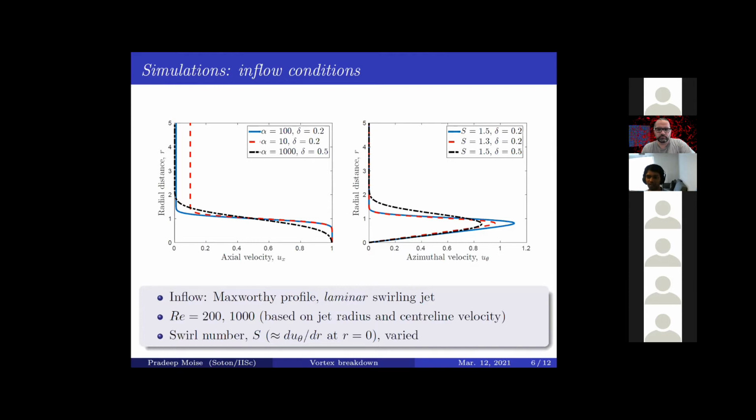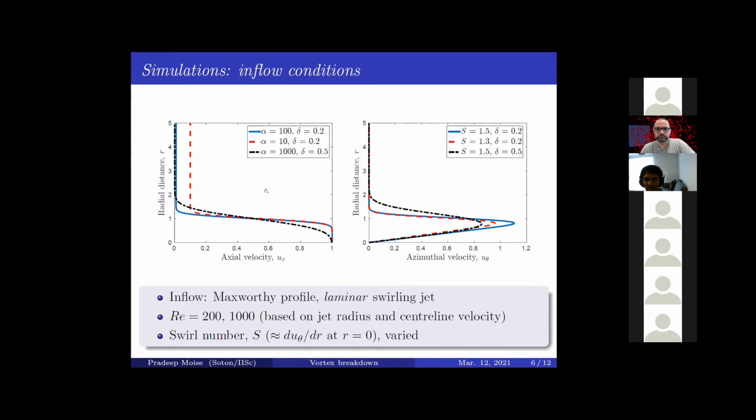Okay, so with regard to the simulations, they're quite straightforward use of Incompact3d. So I prescribe an inflow profile, and the domain, of course, is Cartesian, and you can choose lateral boundary conditions as either periodic or free slip.